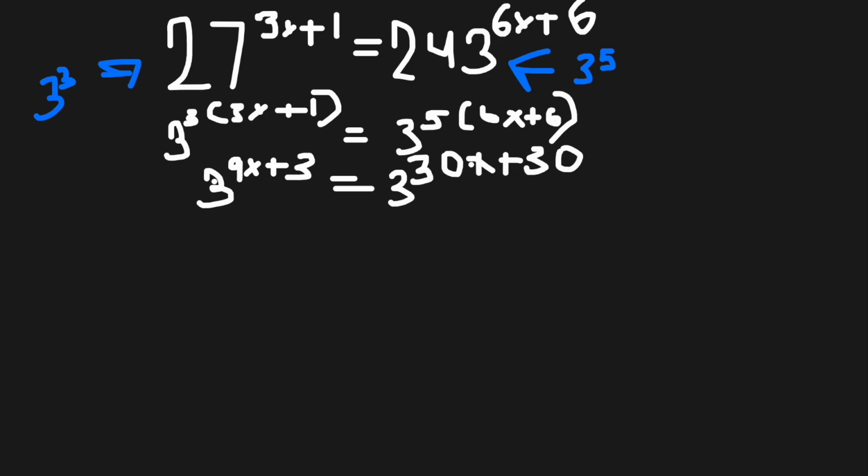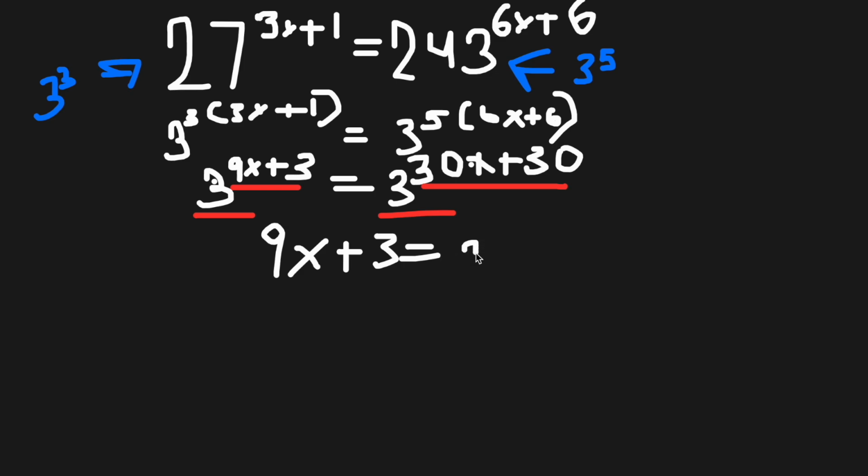Now we can assume that since the bases are the same, our exponents are equivalent to each other. So we're going to simplify this even more: 9x plus 3 is equivalent to 30x plus 30.